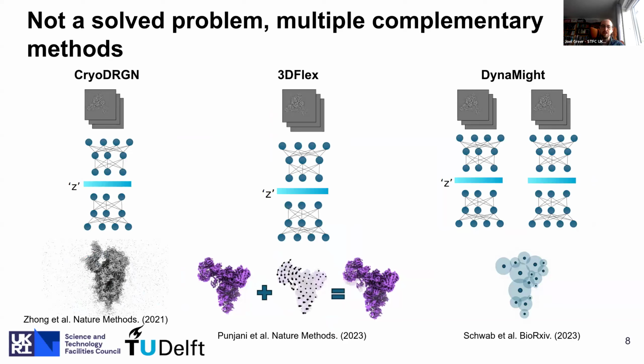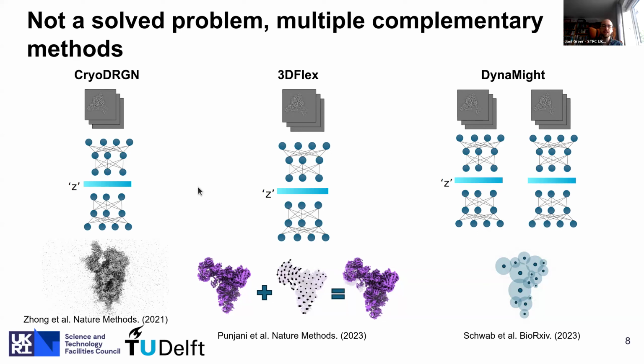Okay, so there are a number of different ways to use VAE-based methods to represent the heterogeneity present in cryo-EM datasets. Most of these use similar encoder networks, but they can use slightly dissimilar decoder networks or approaches to decoder networks.